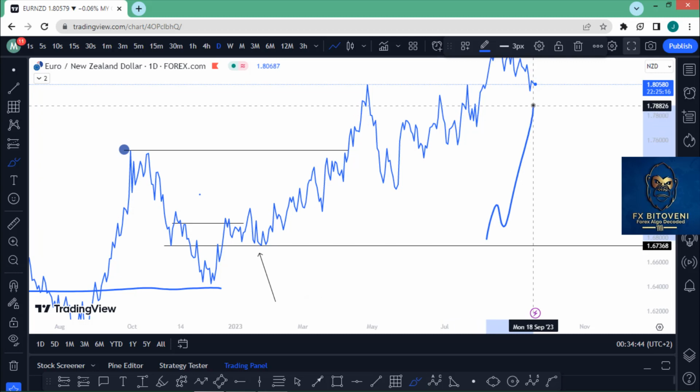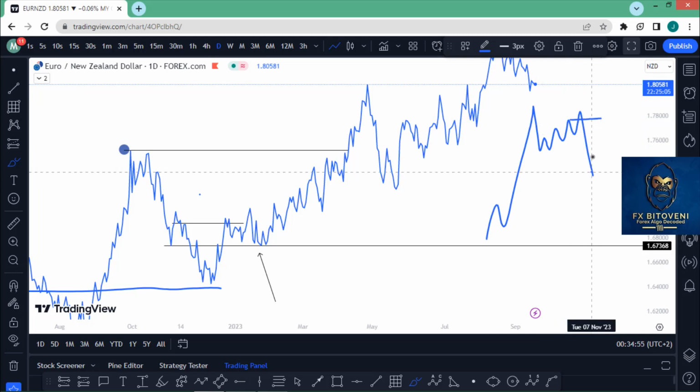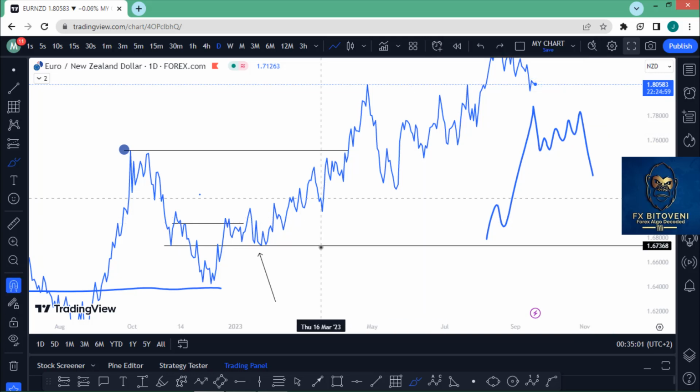You have a strong move, and then market creates another structure here, and then breaks. So this can be invalidation to use for a sell. It can also serve as a future hidden invalidation, guys.